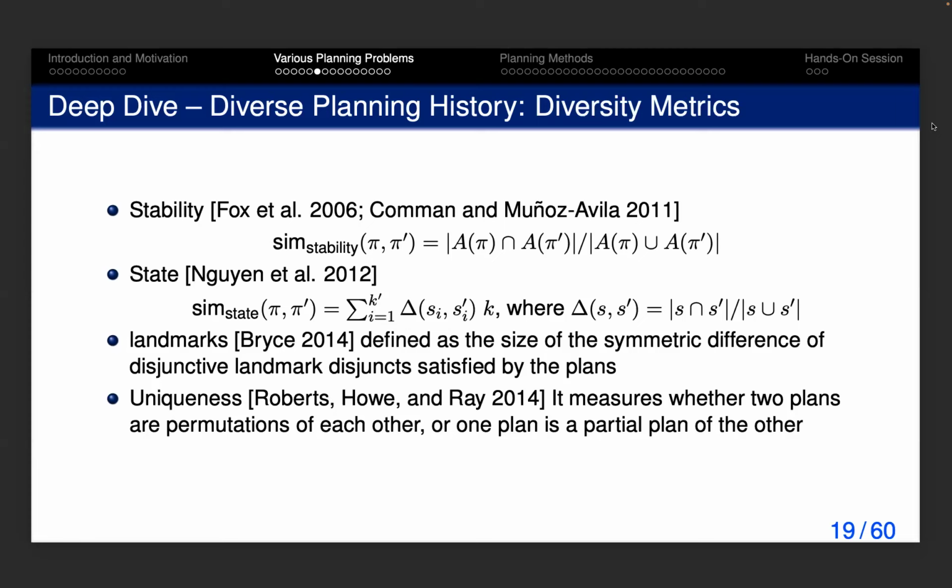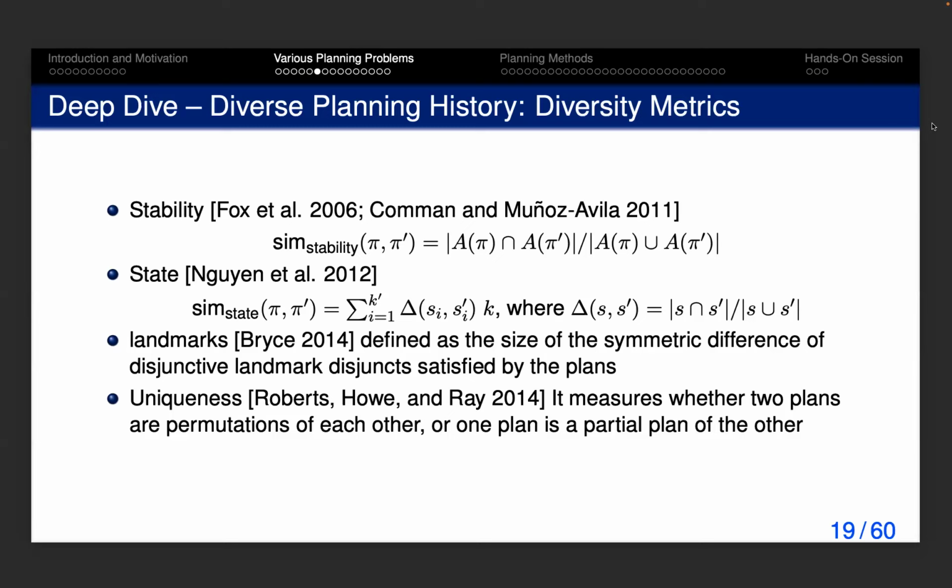Now, as I mentioned before, there is not something called the diversity metric, and there's a history about what it means to find distances between two different plans. In the earlier work, there's a notion of stability metric, which compares plans based on the actions of these plans. Later, the state metric came, which looks at plans as a set of states and compares them based on the number of differences between the two plans as a set of states.